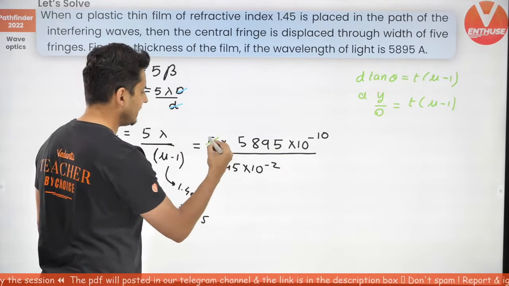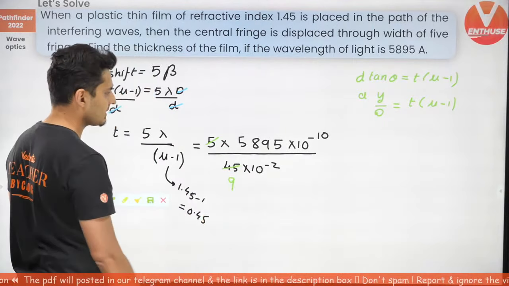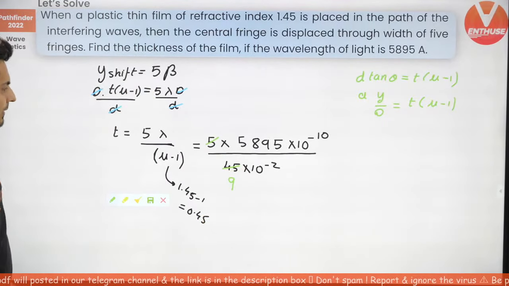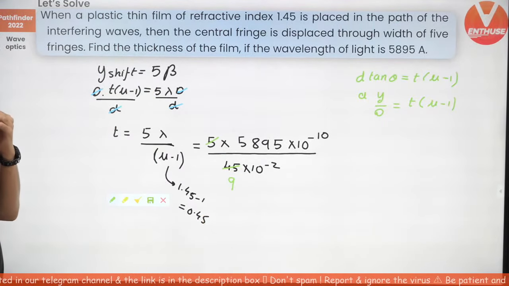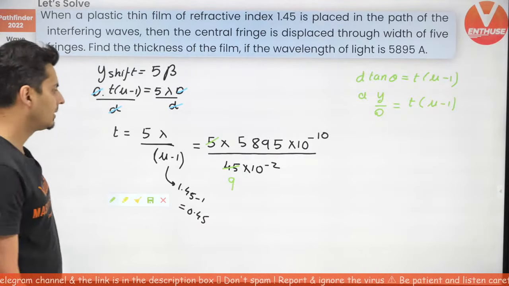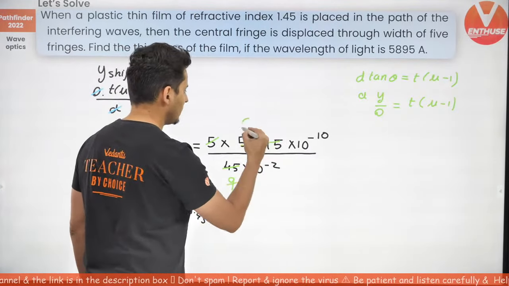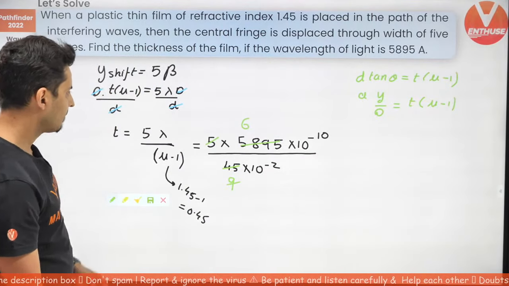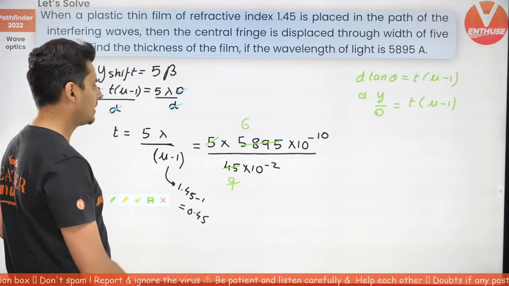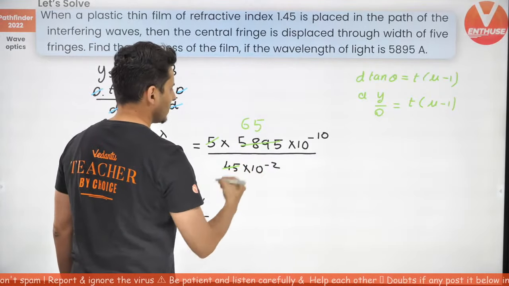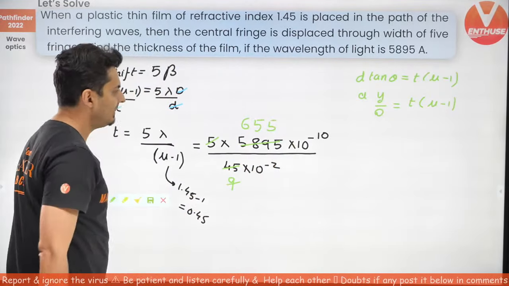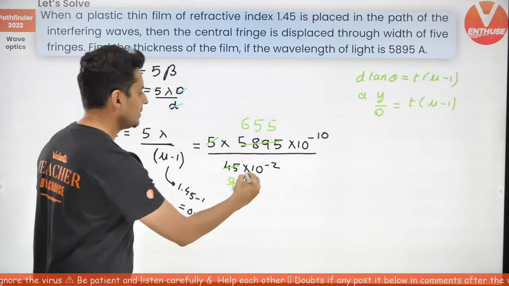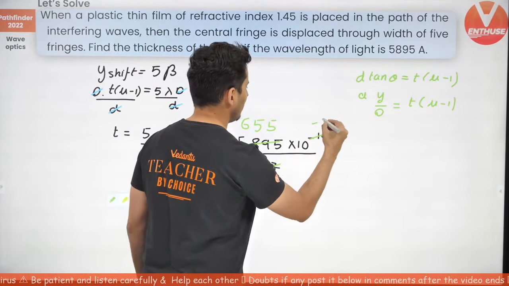See what you will get. 5 and 45, this will go 9 times. And will 9 go into 5895? Think about it. 9 6s are 54. Okay, just check this out. Are you getting 655? This 10 to the power minus 2 will become 10 to the power minus 8.